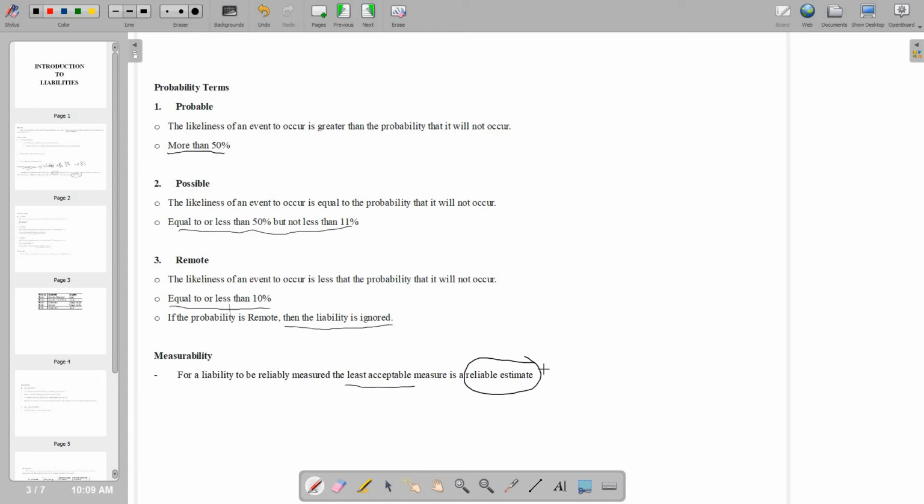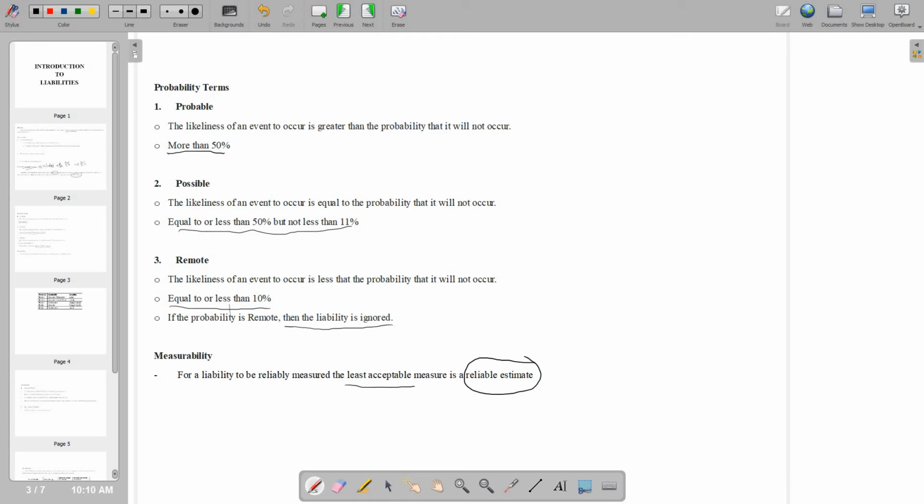So, when we say reliable estimate, it's not exactly determinable. It's okay if you cannot determine the exact amount, just as long as you have a reliable estimate. Now, if there is only one outcome, then the reliable estimate is based on the given parameters provided by the expert.